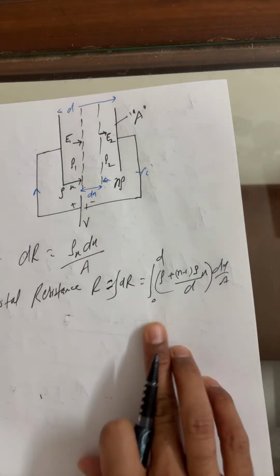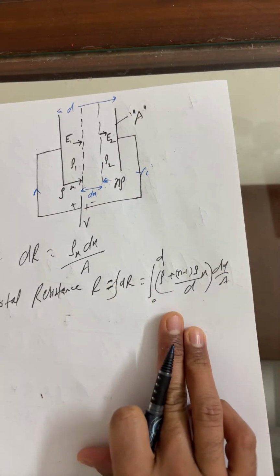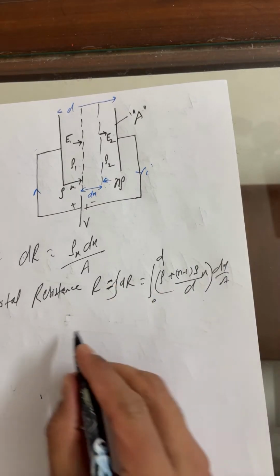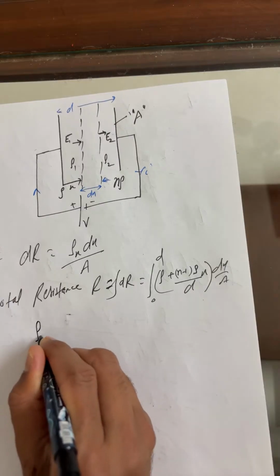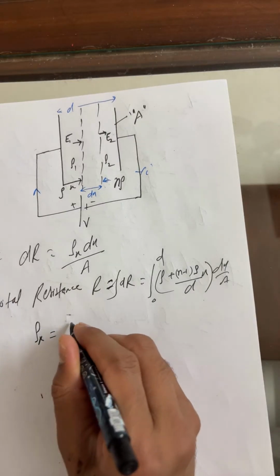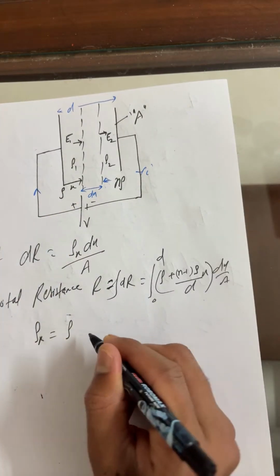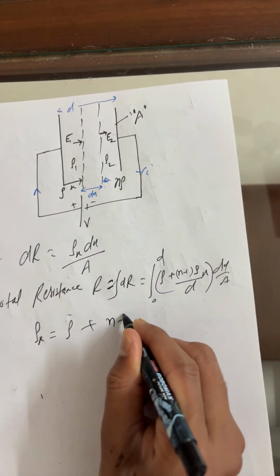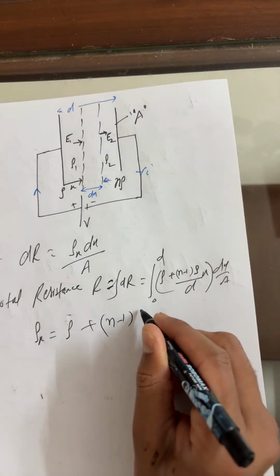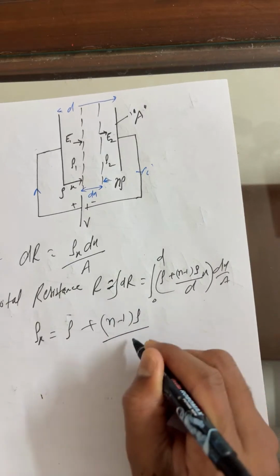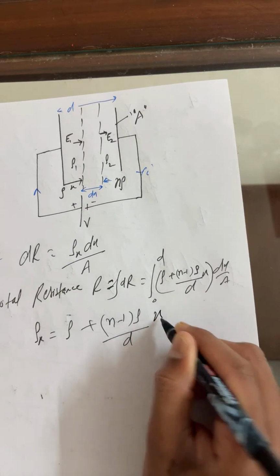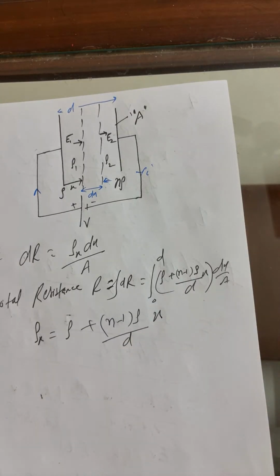So how I wrote all these things, I'm just writing once for your clarification. So ρ at x, what you can write initially is ρ plus (n minus 1) into ρ upon d into x. Rho as a function of x, right?